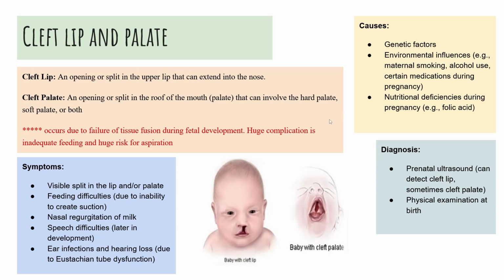If you can see in the picture, there is an opening in the upper lip that will extend to the nose, and in cleft palate there is an opening in the roof of the mouth that involves the hard palate, soft palate, or sometimes both. The huge complication of this is inadequate feeding, because the sucking reflex will not be good, and there is a huge risk for aspiration.